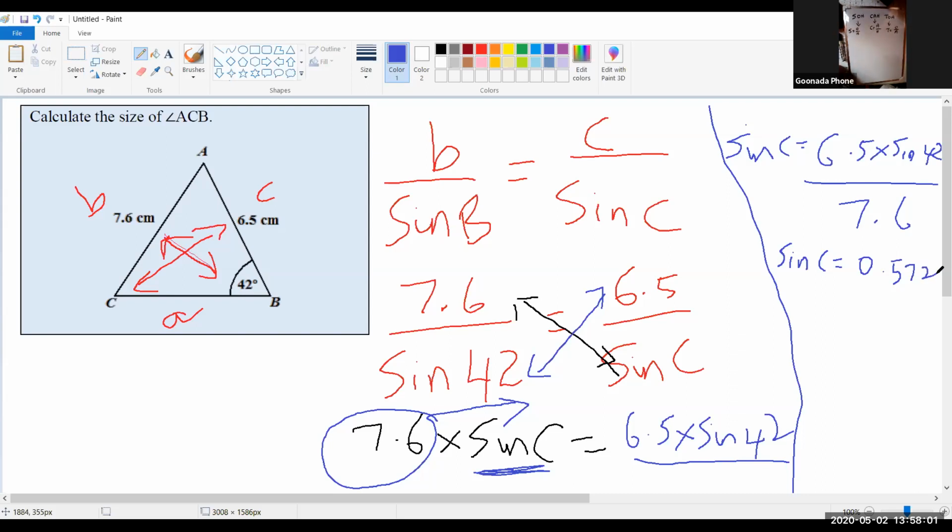But we don't want sine C. What do we want? We want to find out what is C, which is this part here, right? We want to find out that angle.